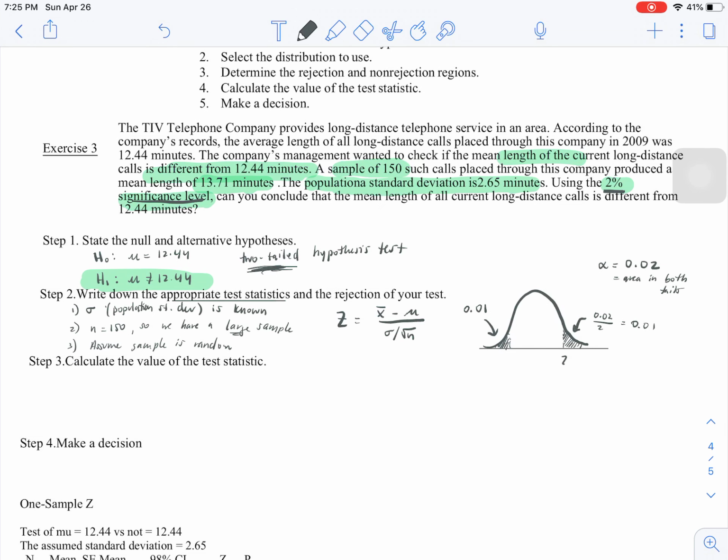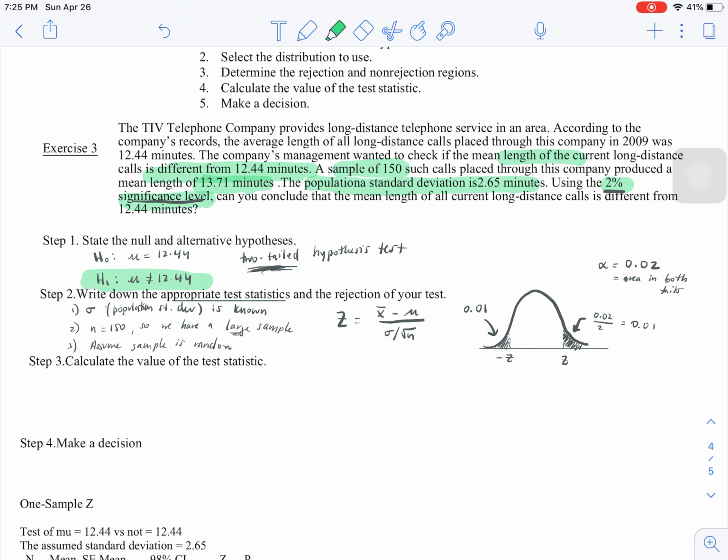So now I want to find the z-scores corresponding to these areas to the left and right. Because what I'm going to do in my hypothesis test is, well, my null hypothesis is that the population mean is equal to 12.44. I'm going to reject this hypothesis if my sample mean is a lot bigger than 12.44 or a lot less than 12.44.